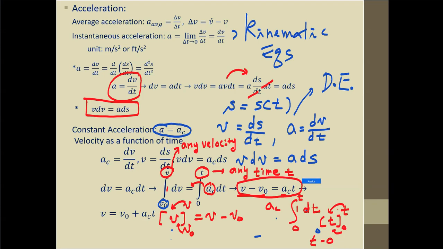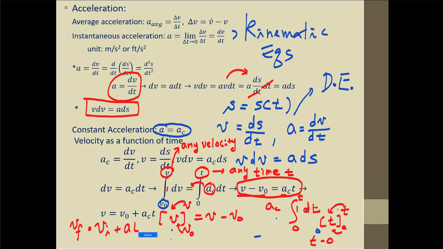Rearrange the equation, solve for the velocity at any time t. So velocity at any time t equals v sub 0 plus a_c t. So in physics 1, we write this one: final velocity equals initial velocity plus acceleration times t.